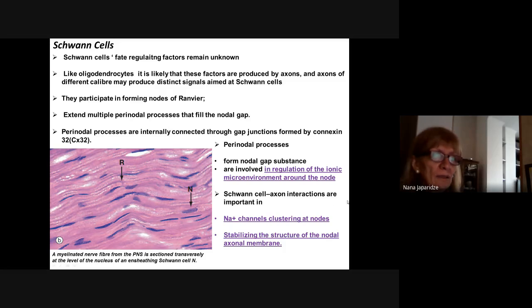So the interaction of Schwann cells with the axon is very important because they stabilize the structure of axonal membranes, and at the same time they provide clustering, grouping of sodium channels at the nodes.